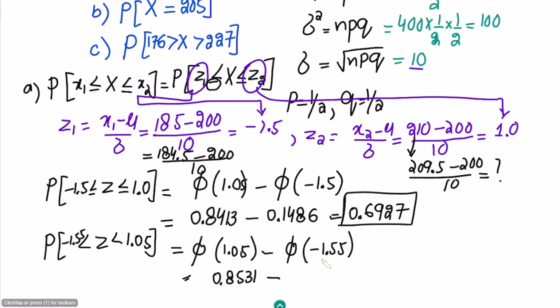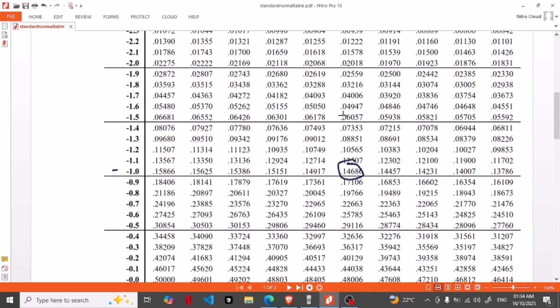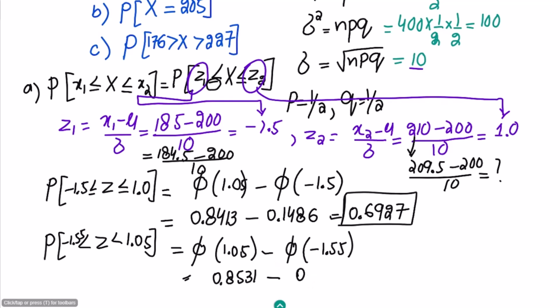Okay, so when you find out these values, those values would be 0.8531 minus the value for minus 1.55, which is 0.0605.